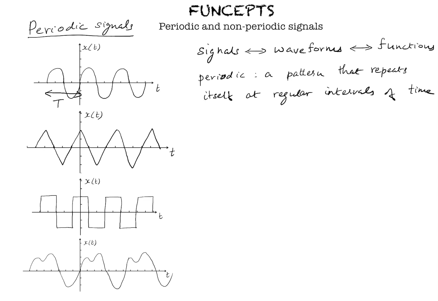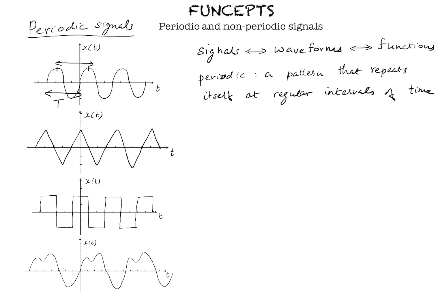Depending on the starting point, we can say this is the time period, or if we had this to be the starting point, then the time period would be from here to here, after which the same pattern repeats. So in general, a periodic signal is something which has a recurring pattern.